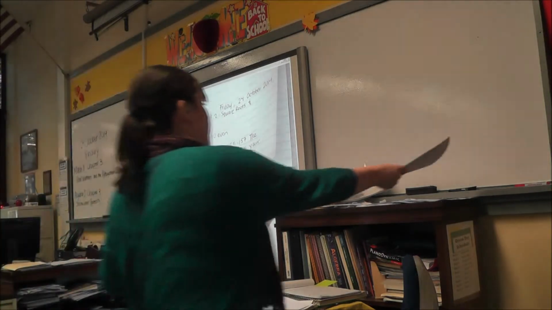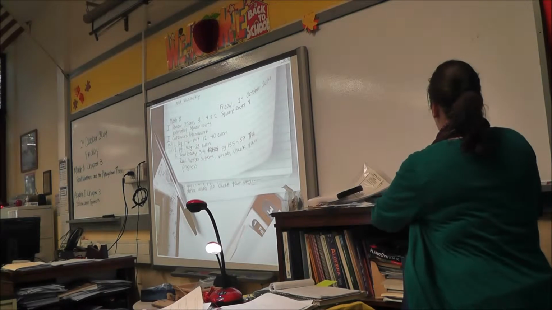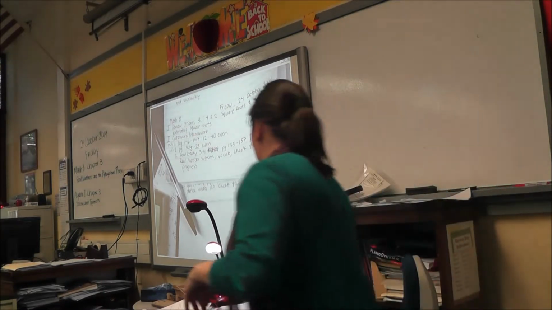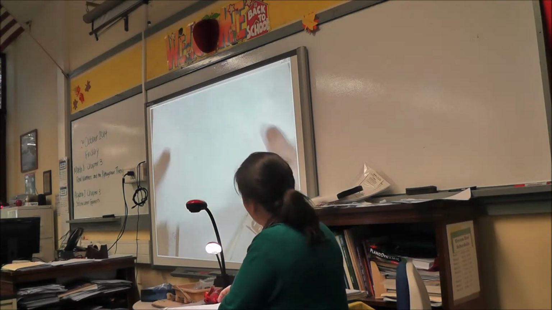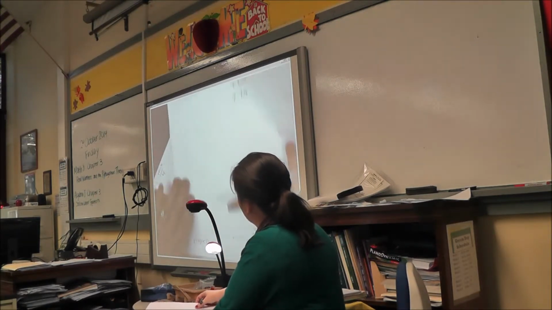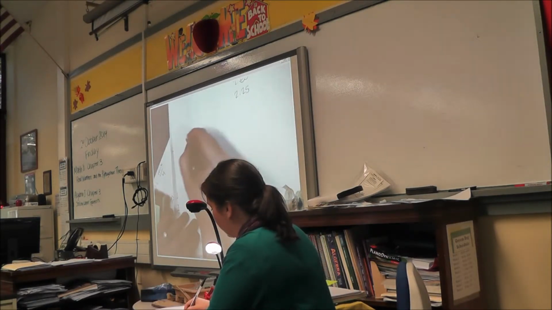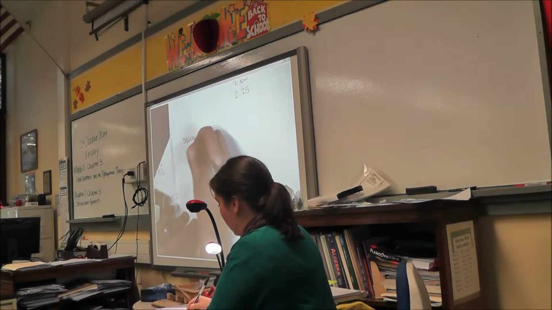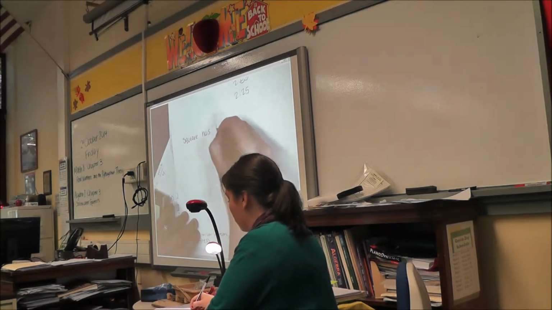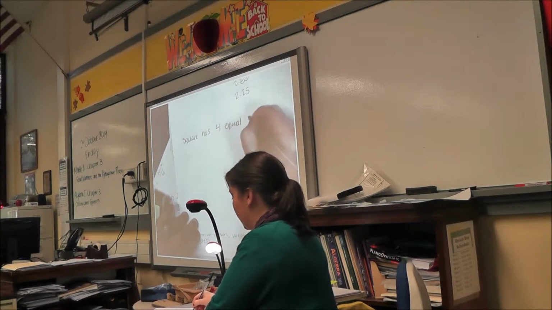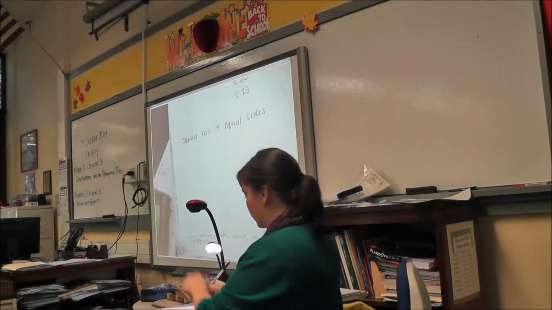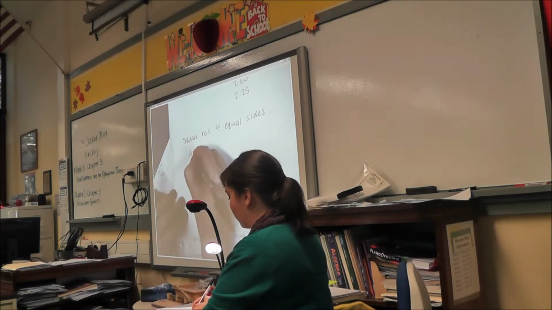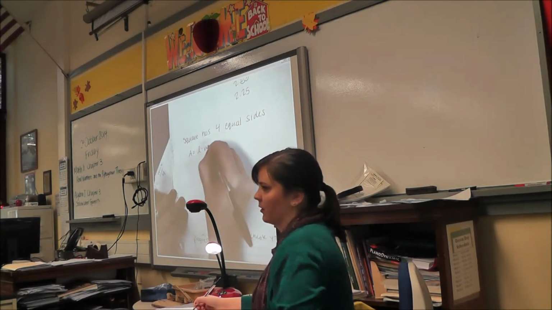So for a square, let's write this down somewhere. A square has 4 equal sides, right? The lengths are all equal. And Nigel said the area of a square is length times width.